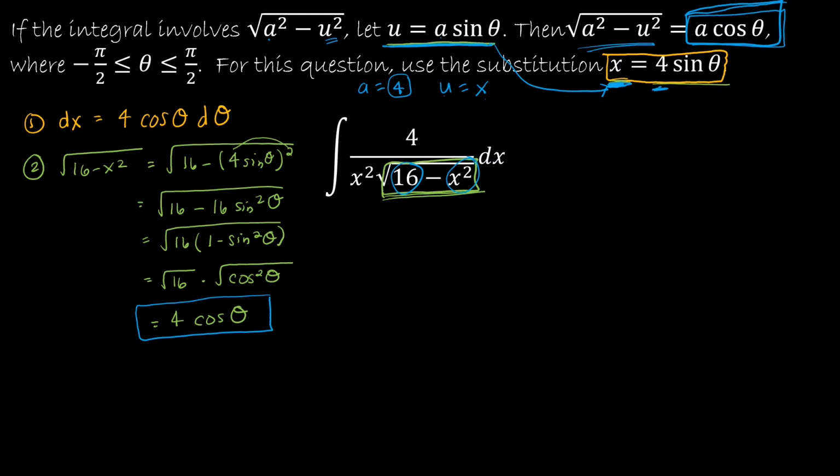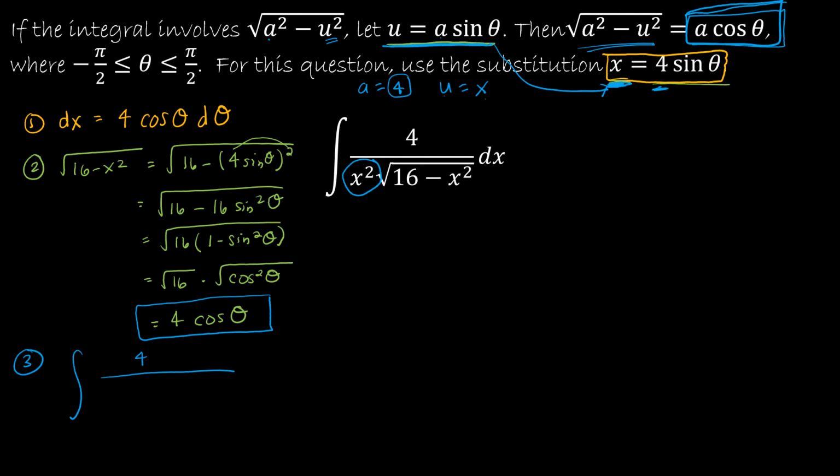Step 3 is to rewrite the entire integral in terms of theta. So I have the integral, and on the top I have 4, my numerator is 4.